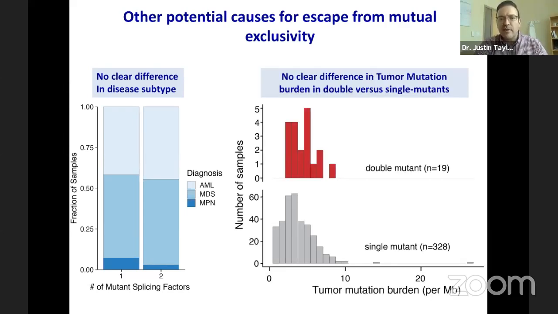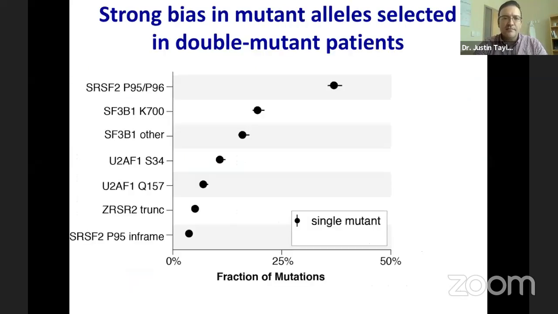We also thought that there might be a potential for just an increased mutation burden in these double mutant patients, but you can see from this plot here, there was no clear difference in the tumor mutation burden in the double versus single mutants. So it's not explained by those causes.